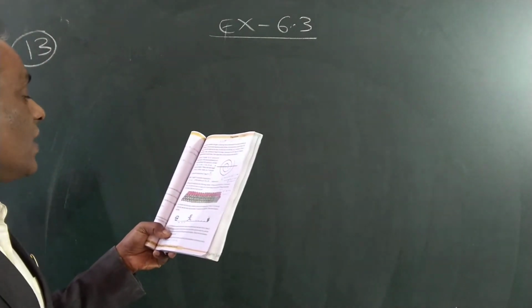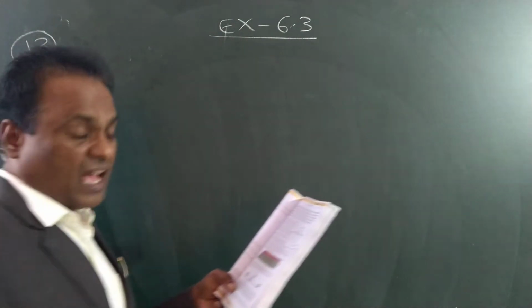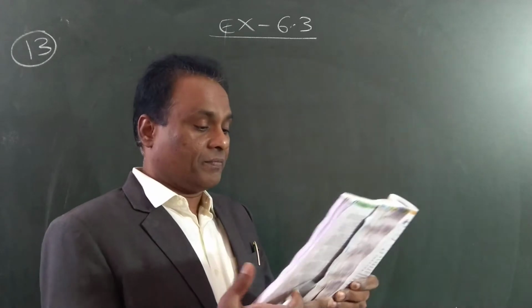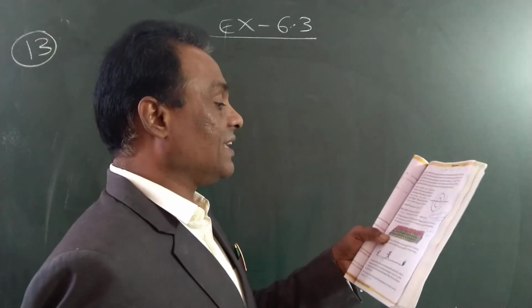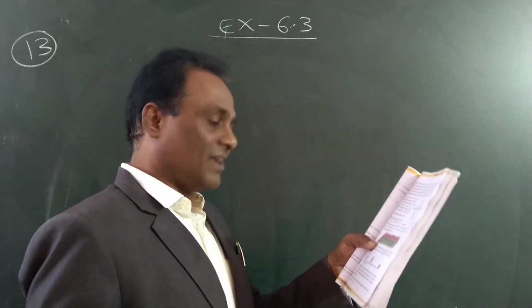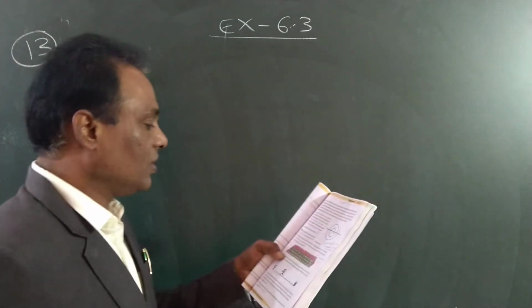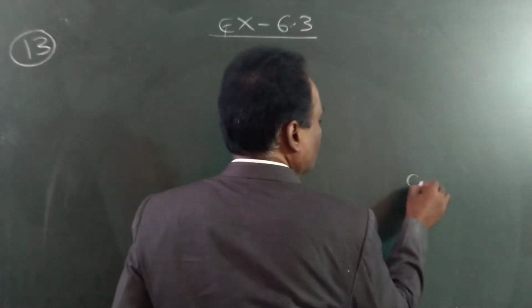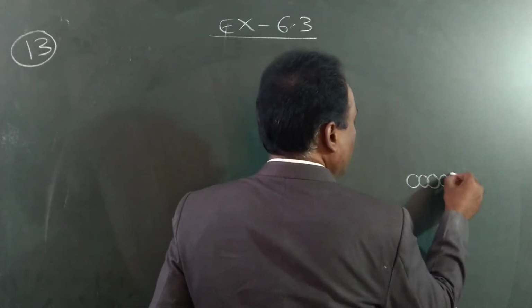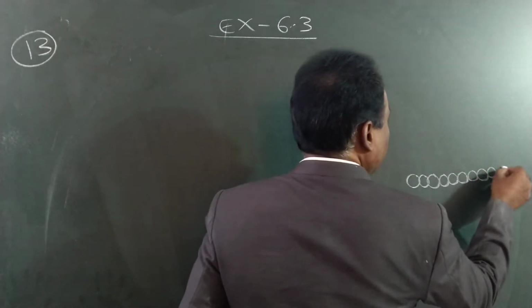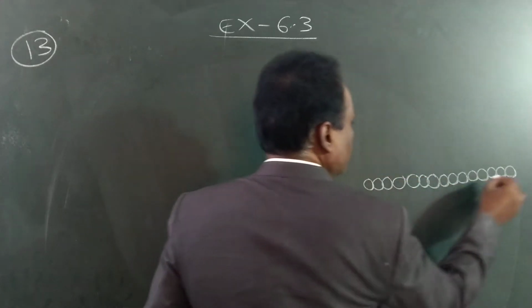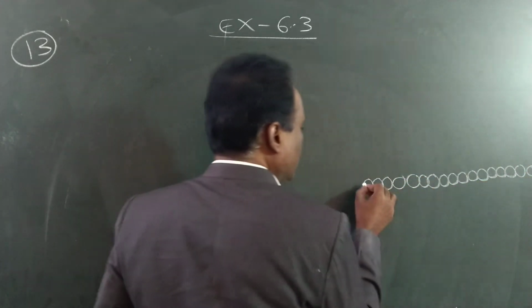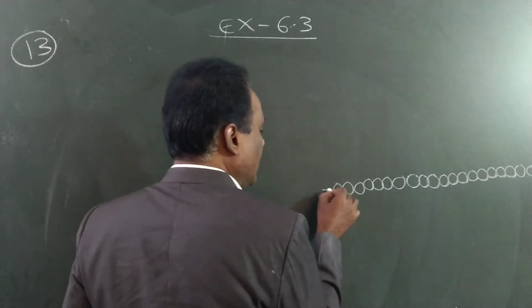Students, the 13th one, yesterday in the last class I explained this concept. 200 logs are arranged in the given order. In the bottom row, 20 logs are arranged.